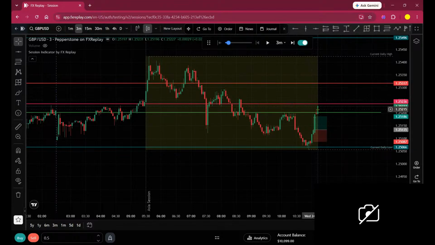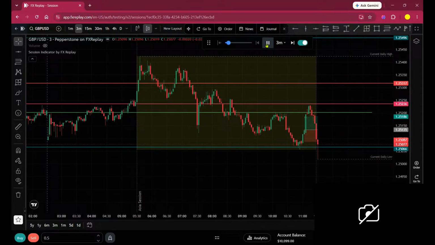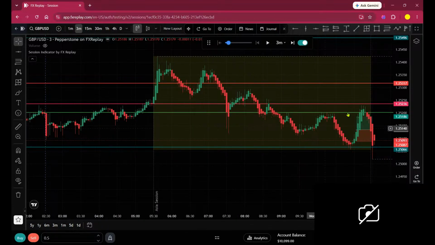If the market retraces from here, then it will go up. Let's see. No, right? This is what I was expecting. From equilibrium, it tapped and then went down.